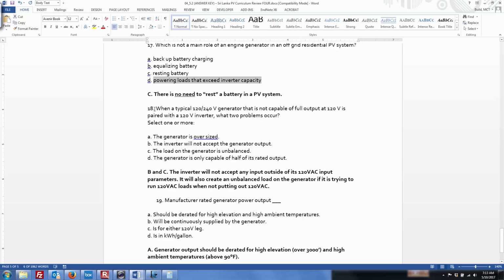All right, now the next question, when a typical 120/240 generator that's not capable of a full output at 120 volts is paired with a 120 inverter, what's the problem? Well, of course we know that the generator is oversized. The inverter will not accept the generator output.